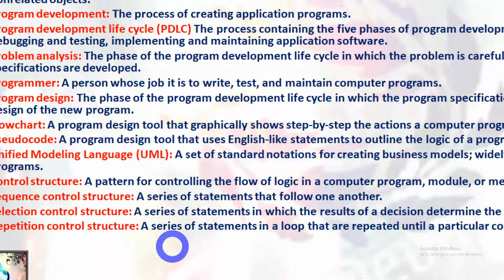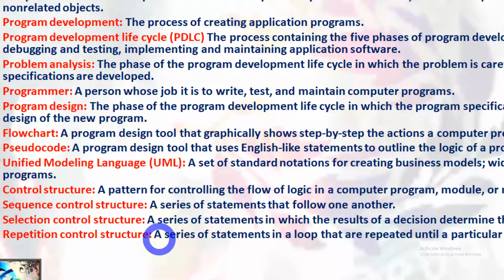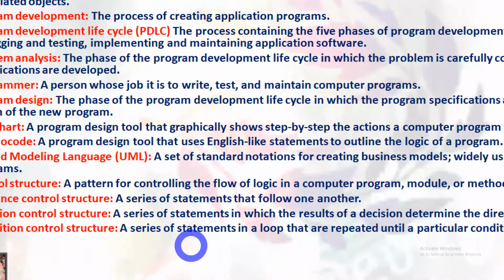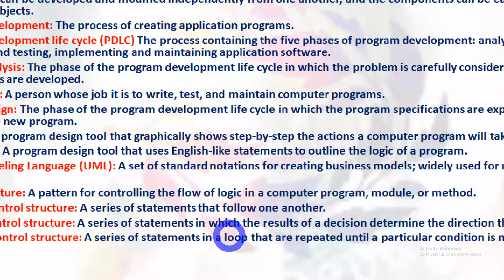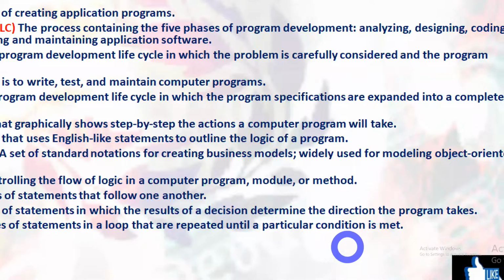I want to print this statement 10 times. You don't want to duplicate that statement 10 times. I want to repeat it 10 times, 100 times or n number of times. That is what repetition control structures enable: a series of statements in a loop that are repeated until a particular condition is met.